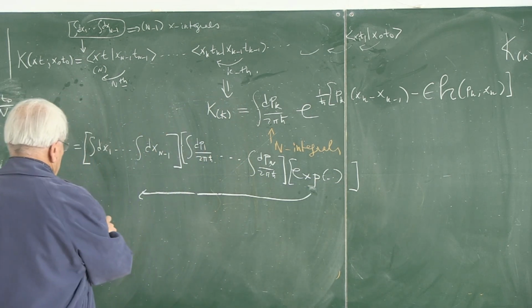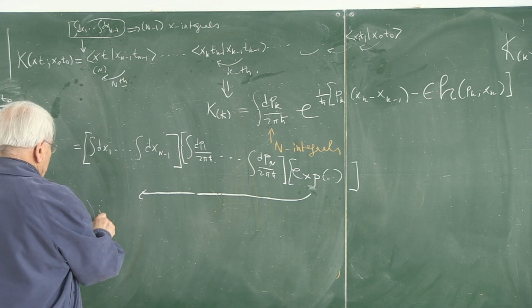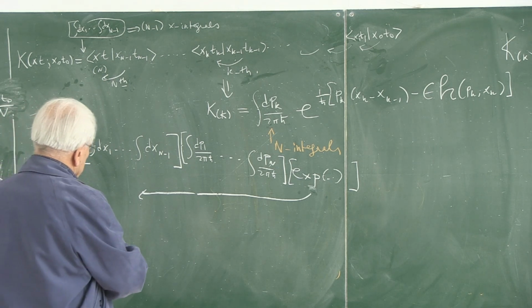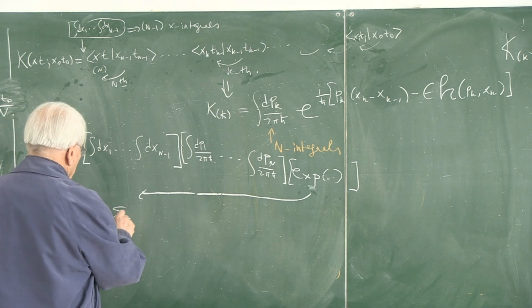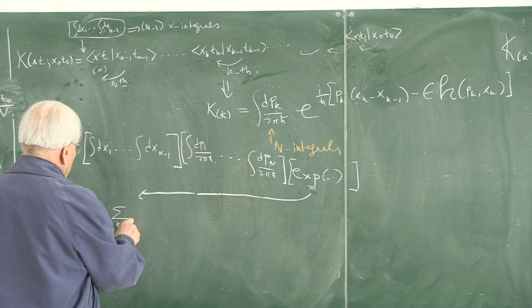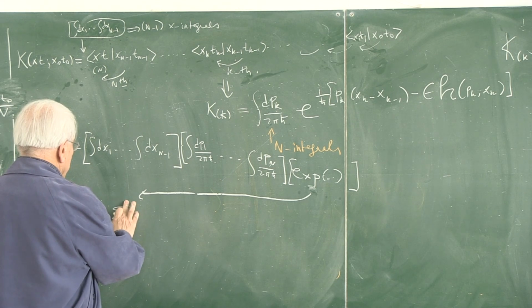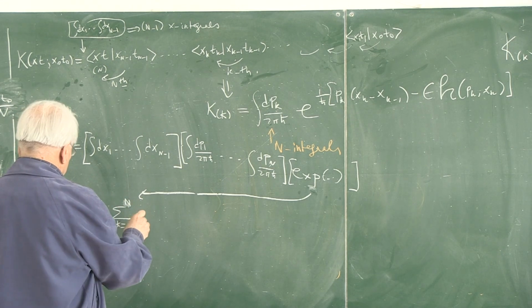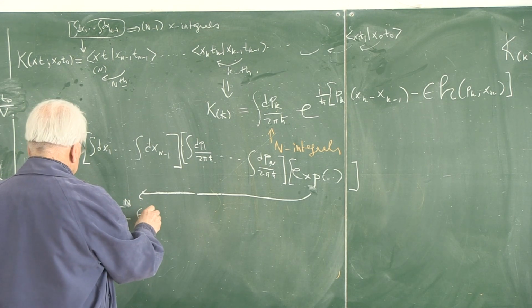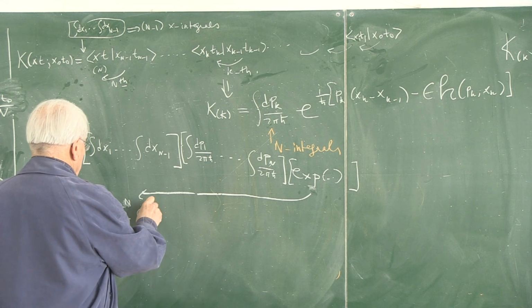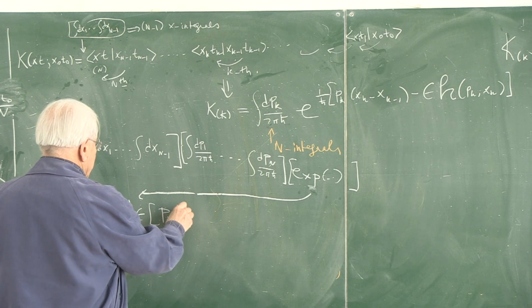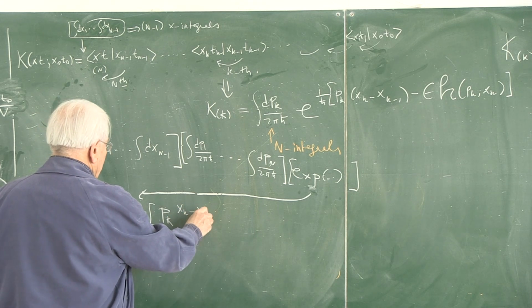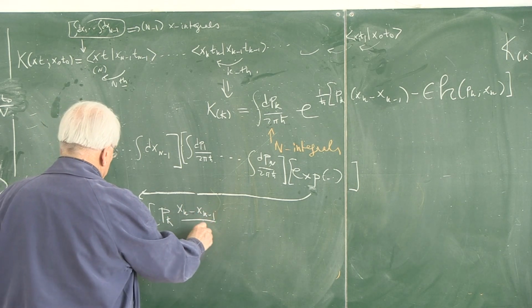It is e to the i over h bar, epsilon, sum k from 1 to n, epsilon pk times xk minus xk minus 1 divided by epsilon.